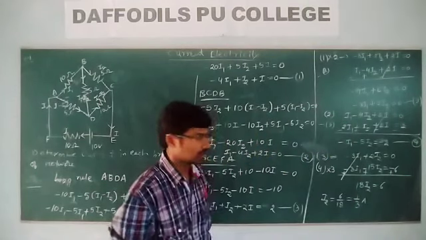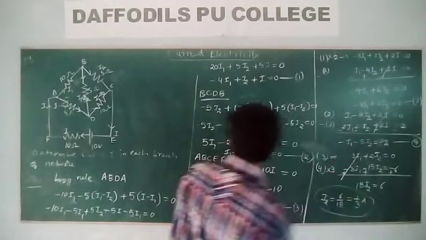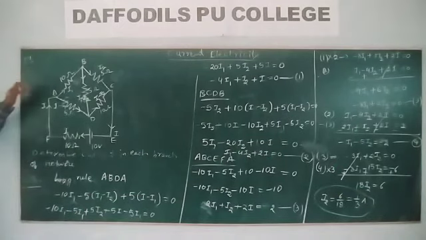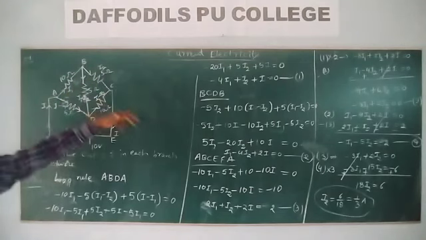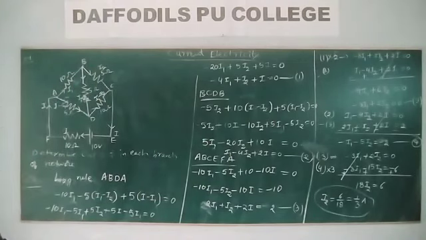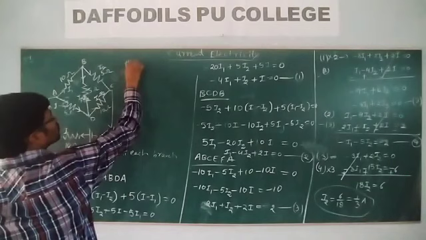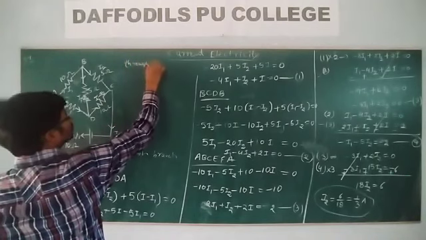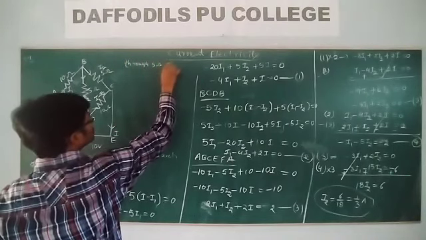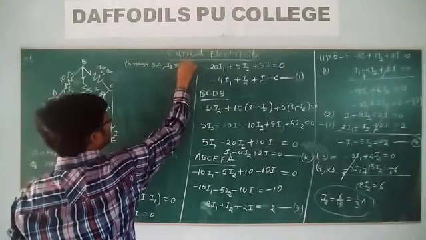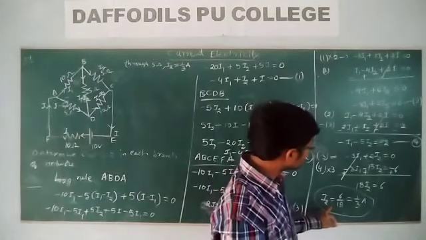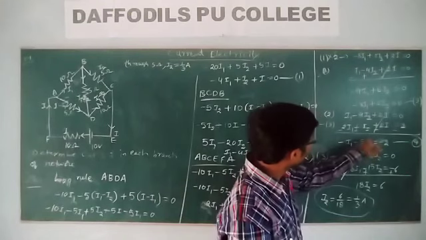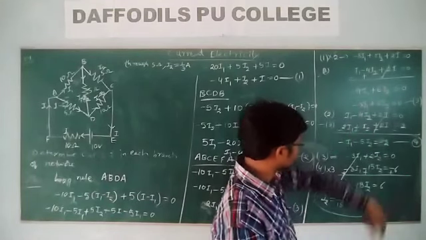So I2 is nothing but 1 by 3 ampere. The current through the 5 ohm resistor is 1 by 3 ampere. Okay? Next, if you know the I2 value, substitute this I2 value in the fourth equation or third equation.